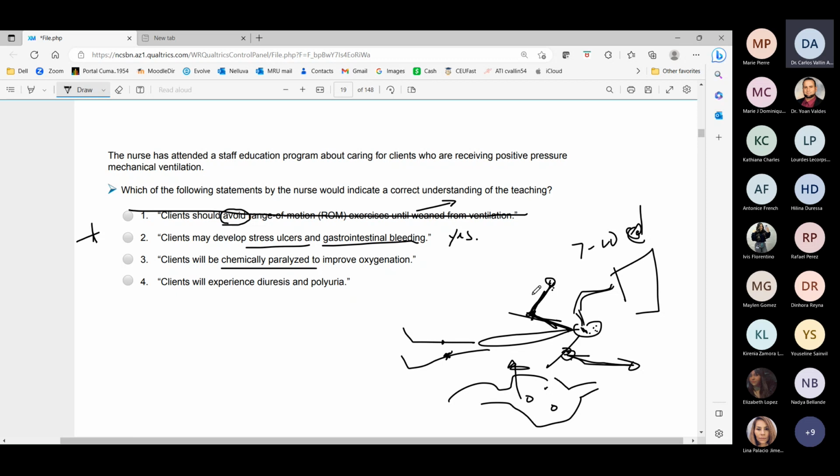I don't know if you heard about this nurse who, 3-4 years ago, by mistake in Tennessee, gave a client a paralyzing agent, thinking she was giving a sedative. She intended to give Versed, which is midazolam, and gave vecuronium, which is a paralyzing agent.